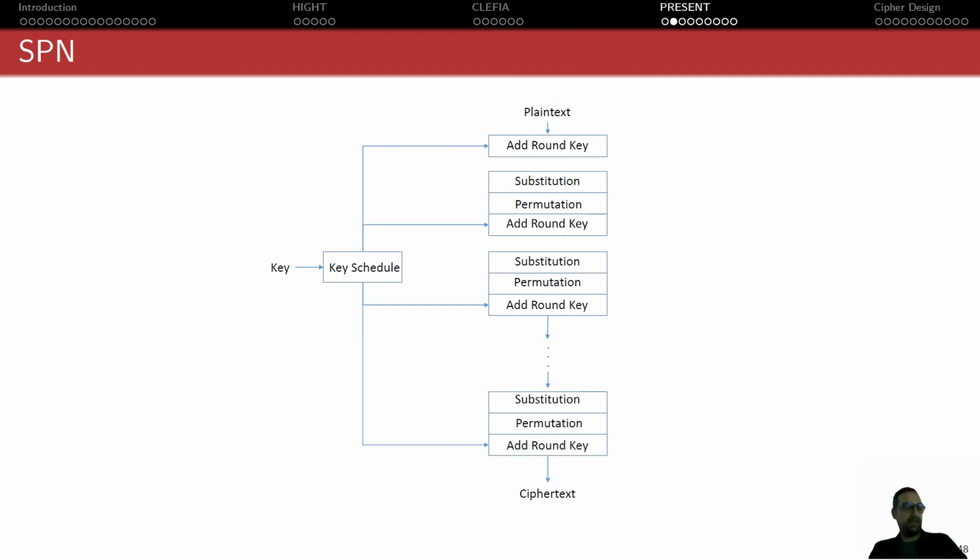There's an exception to this. If you turn your block cipher into a stream cipher due to your choice of mode of operation, then you don't need to perform the inverse operations, okay? This I will talk about next time when we talk about modes of operation. Especially when you use counter mode, you don't need the inverse of these operations.